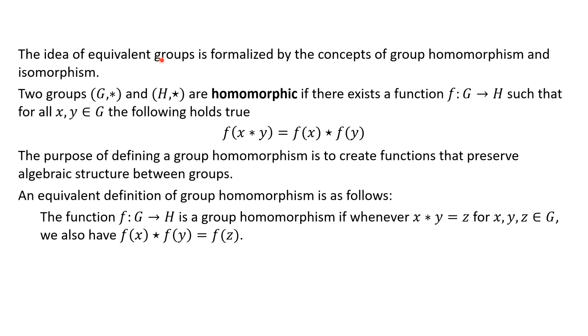The idea of equivalent groups is formalized by the concepts of group homomorphism and isomorphism. On this slide, I'm going to define homomorphism, and then I'll get into isomorphism in the following slide.